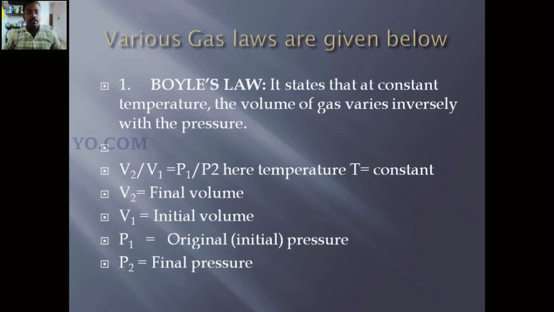Here V2 by V1 equals P1 by P2, with temperature constant. V2 is the final volume, V1 is the initial volume, P1 is the initial pressure, and P2 is the final pressure.